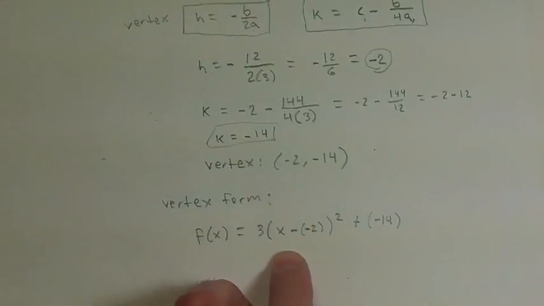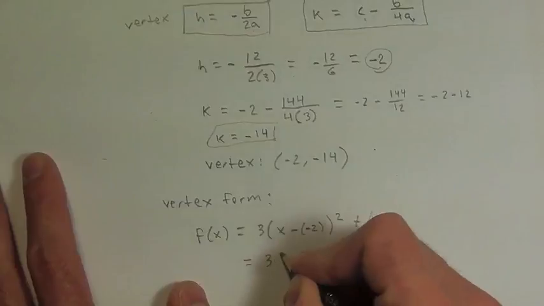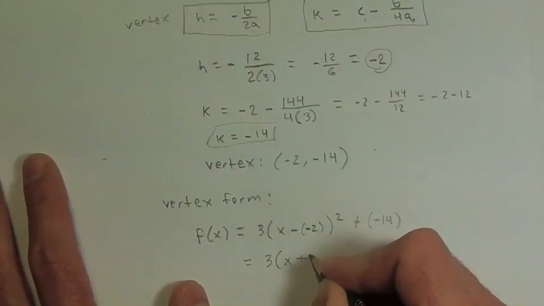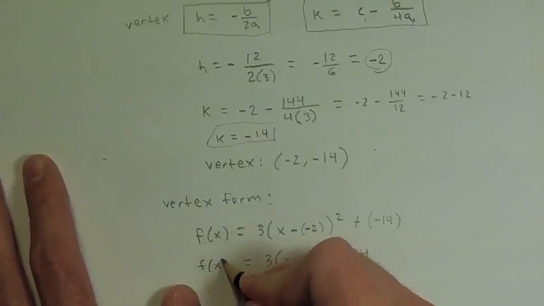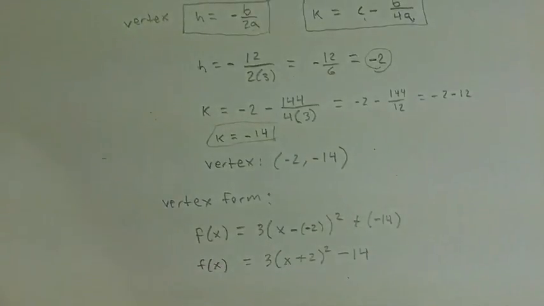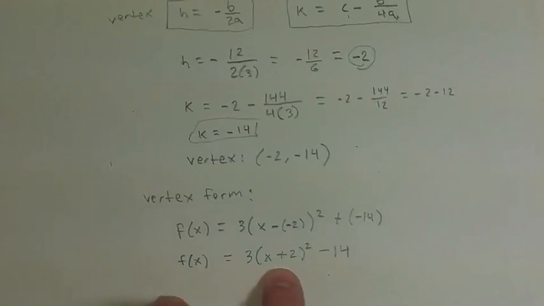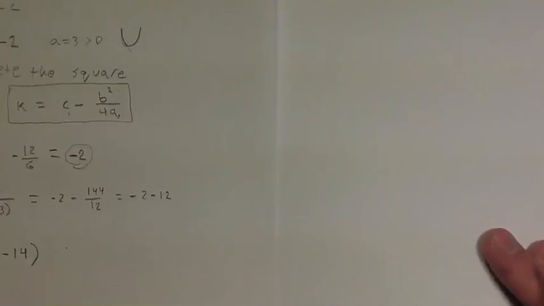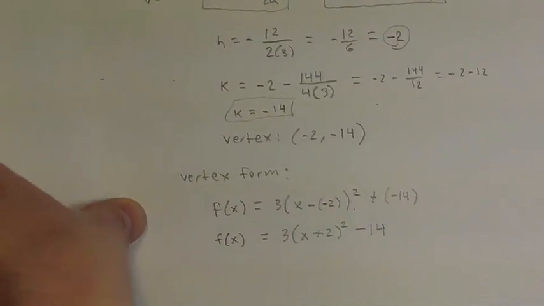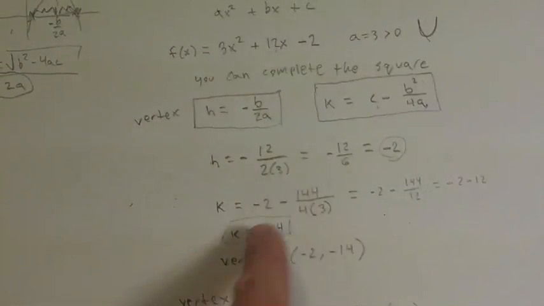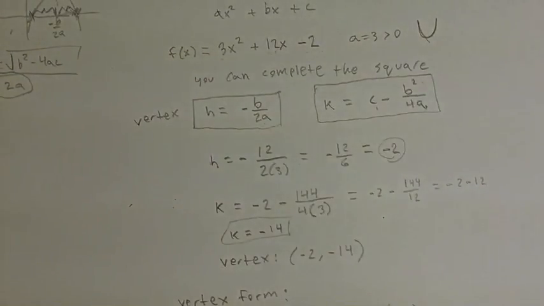I put it in there like this so I wouldn't forget that this is going to be an x plus 2 squared minus 14. Alright. And as I've said, the nice thing about the vertex is we also get the axis of symmetry. And we already know where the minimum's going to be. I know from A that it's opening upwards. We already talked about that. There are a lot of things we already know.